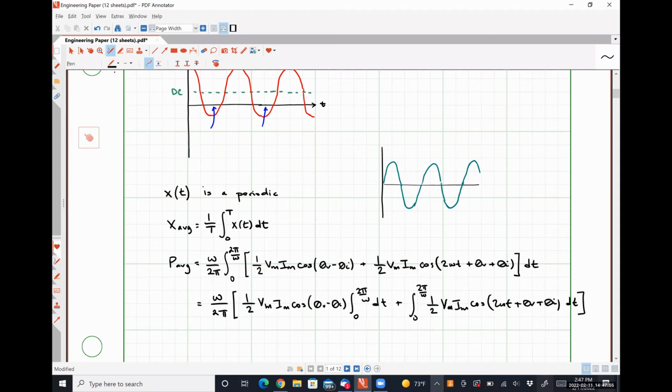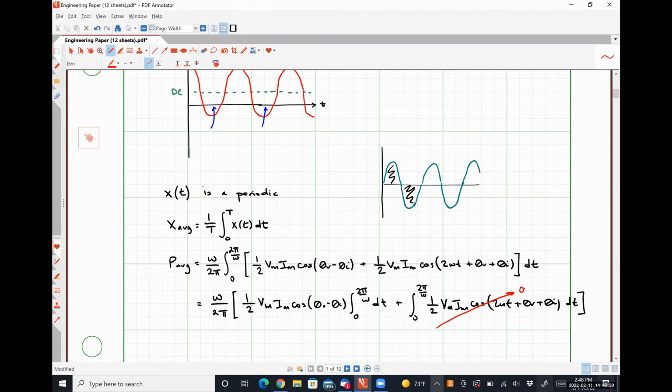What is the area under the curve? 0. Because this area is completely canceled out by this area as long as the limits of my integration are over exactly one period, or really just an integer number of periods, right? Well, that is exactly what this integral represents. We are integrating that sinusoid over one period. And so the area under the curve is equal to 0.